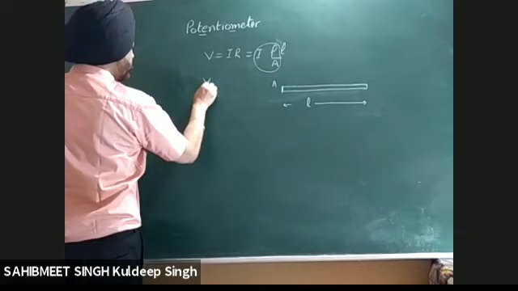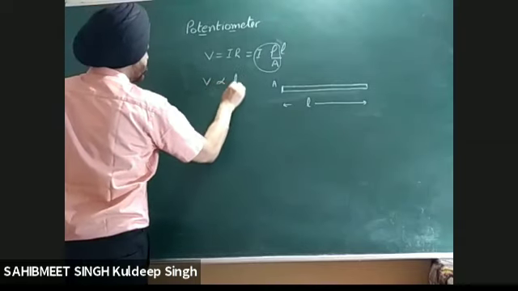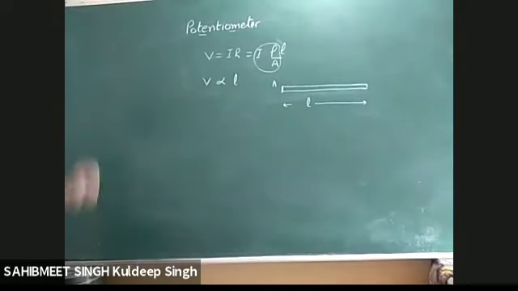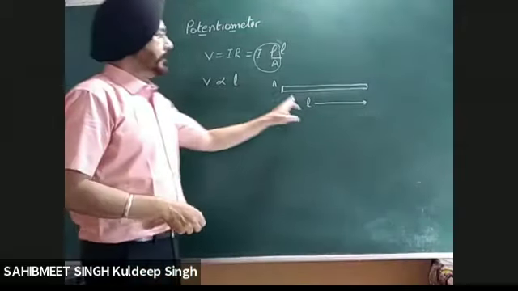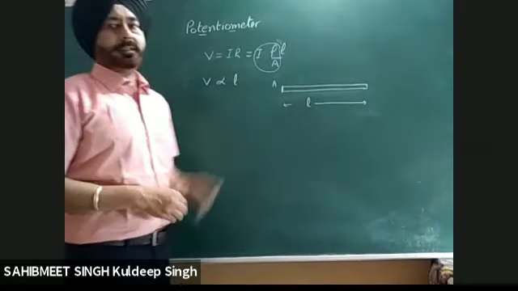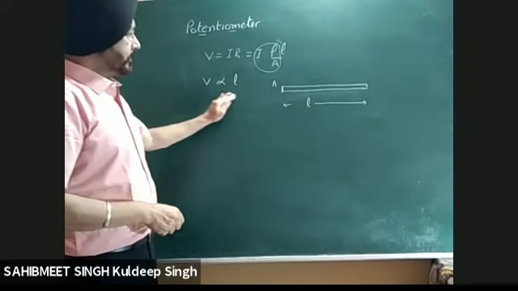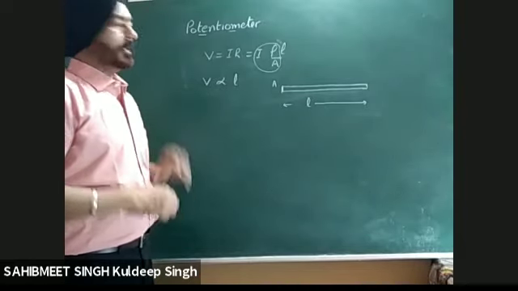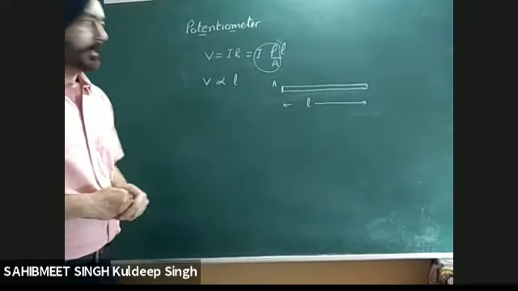Therefore, V is proportional to the length of the wire. This is called the principle of potentiometer, which tells us that the potential drop across any length of a wire is proportional to the length of that wire. So based upon this factor, we will do some numericals.